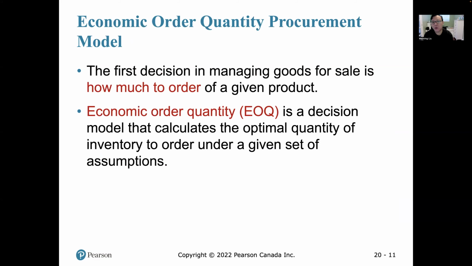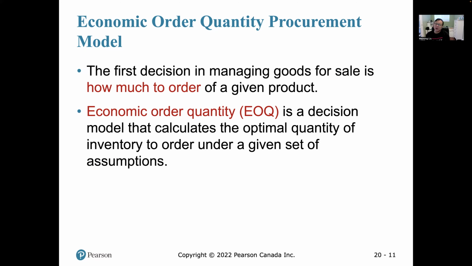Economic order quantity procurement model. The first decision is how much to order. It's easy to think this way: if I want to make sure I have enough to sell, I will order more.